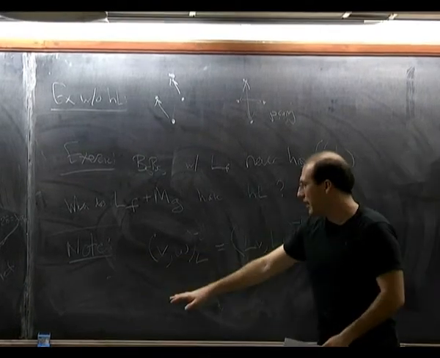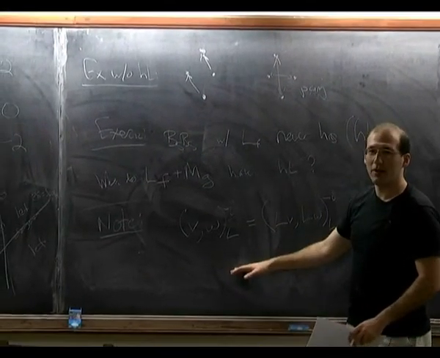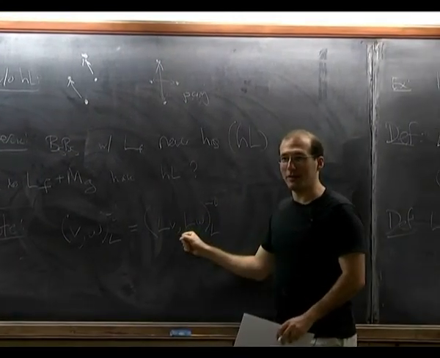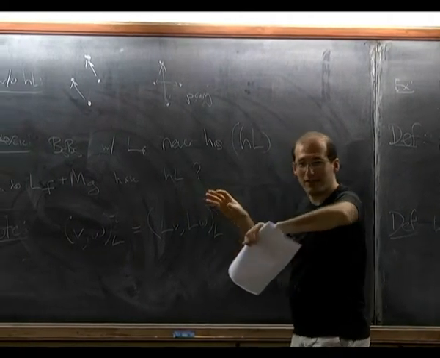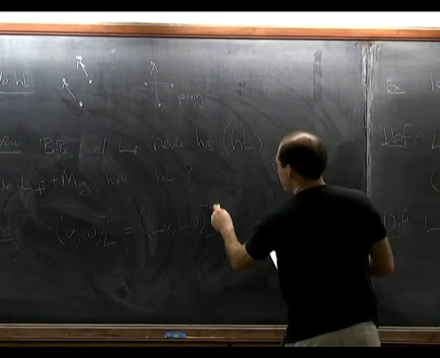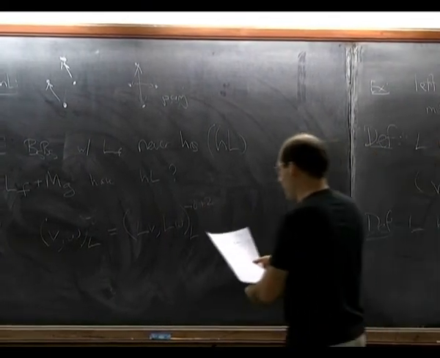Well, really, this is V paired in the hard bracket form with L to the i of W, whereas this is LV paired with L to the i minus 1 of W, but L is a Lefschetz operator, so you can move it across. That's minus i plus 2. Yes. Thank you. So this is quite easy.